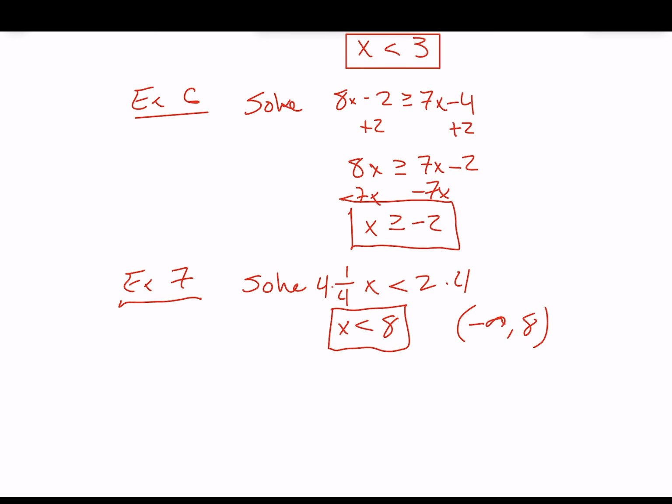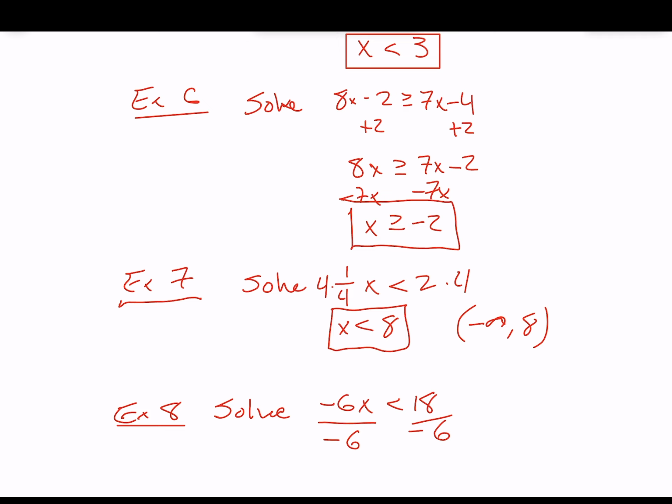One more example on this slide here. Example 8. We want to solve negative 6x less than 18. How do I get x by itself? Well, the way I do that is by dividing both sides by negative 6.